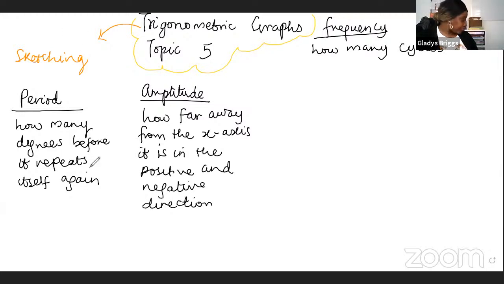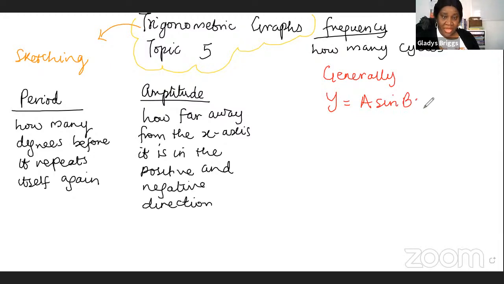So generally, let me get my notes here. If you have y is equal to a sine bx, then a would be the amplitude and b would be the period, okay?